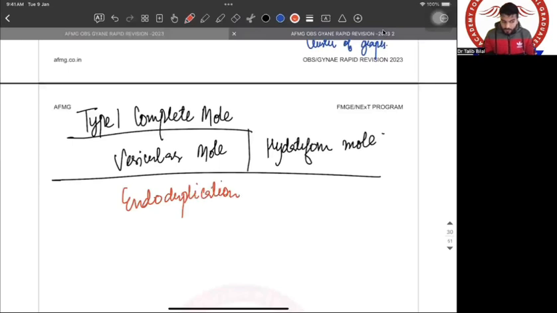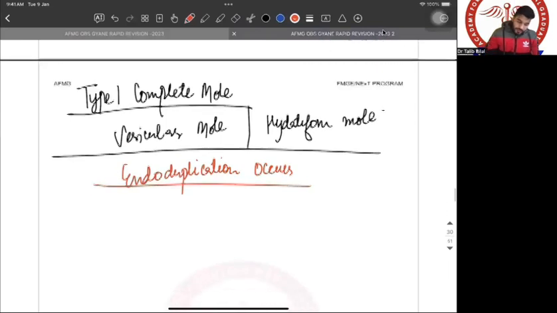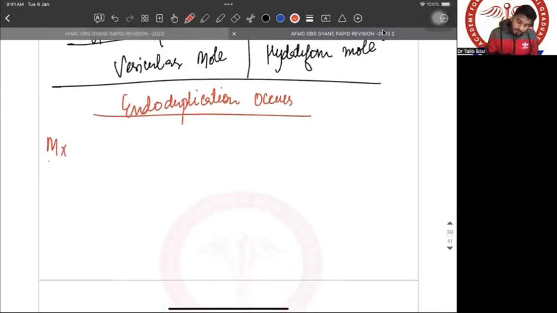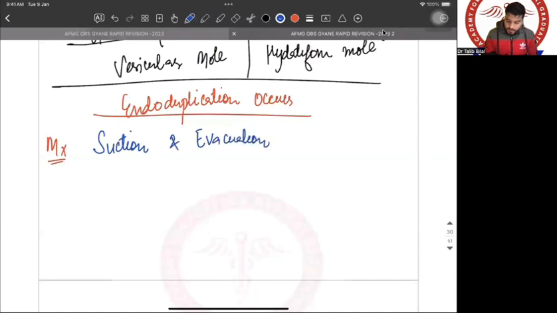And the management of type 1 complete mole will be suction and evacuation. What will be the management, guys? Suction and evacuation.